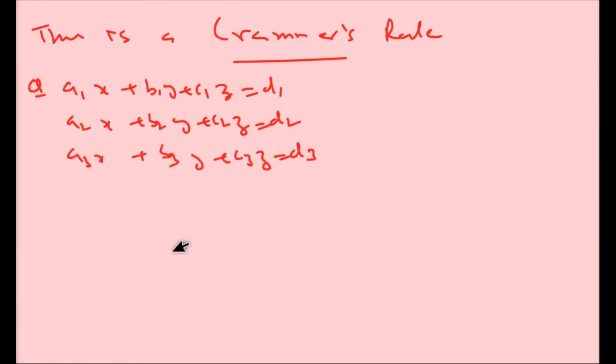Now if we want to find the formula of Cramer's rule for this type of equations, we can find it this way.